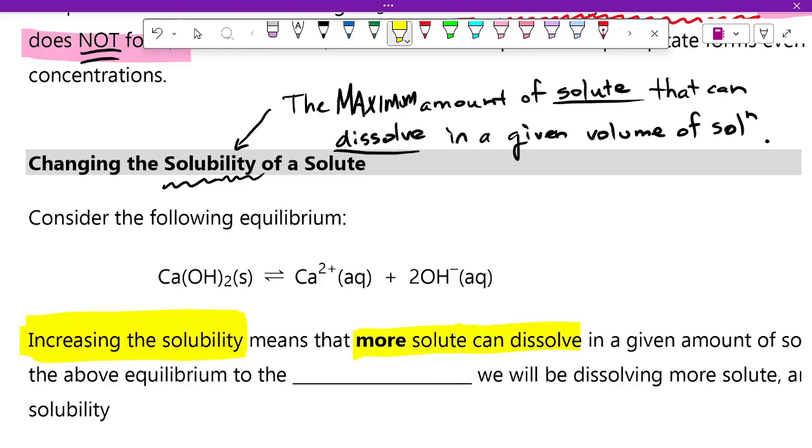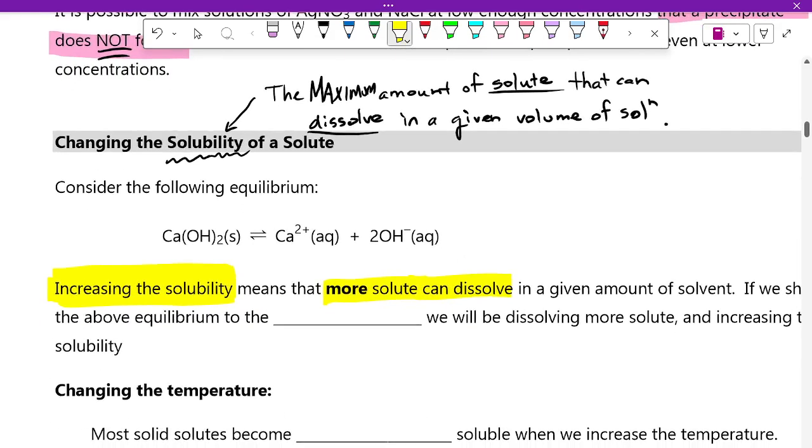More solute can dissolve. And if more solute can dissolve, are we shifting that equilibrium to the right or to the left? Depends which equation. Oh, no, it's a solubility. It's a solubility, so we're looking at the solubility equilibrium equation. Do we want this to shift to the right or to the left if we want to increase the solubility?